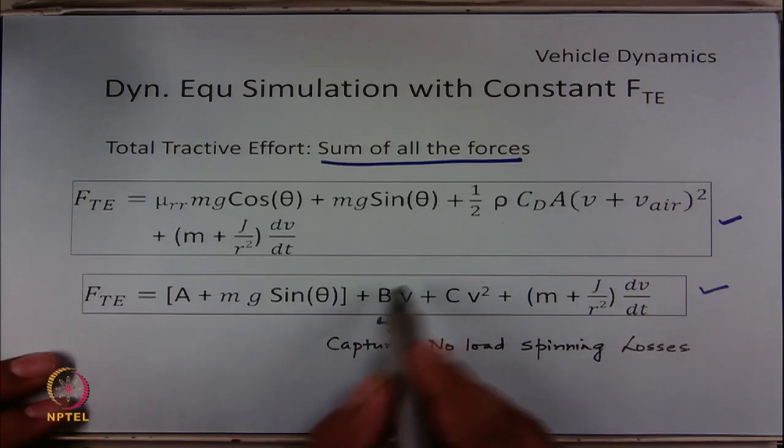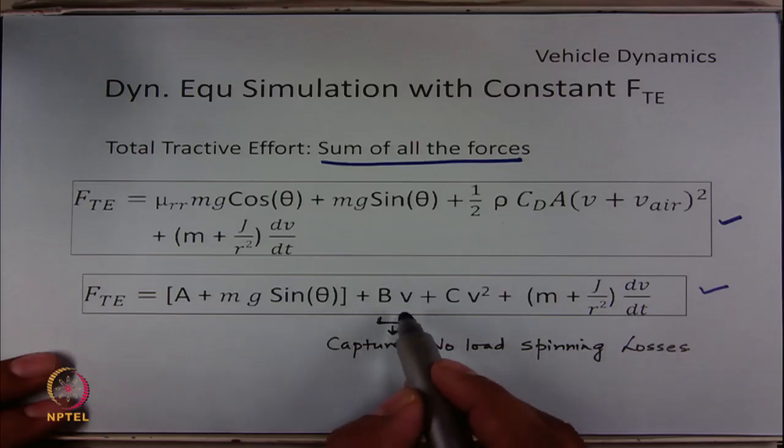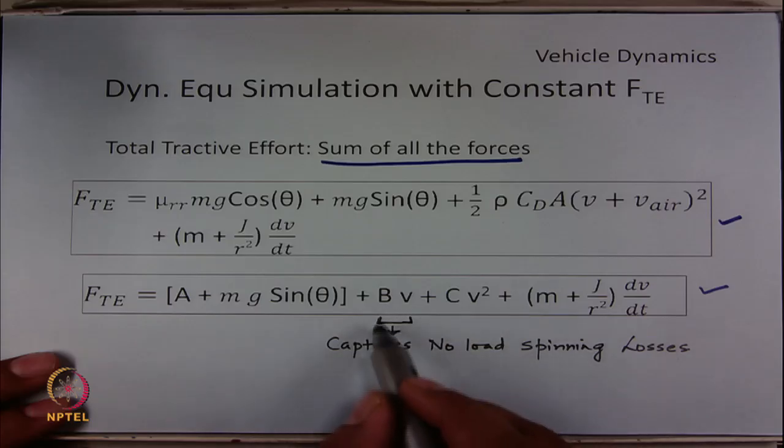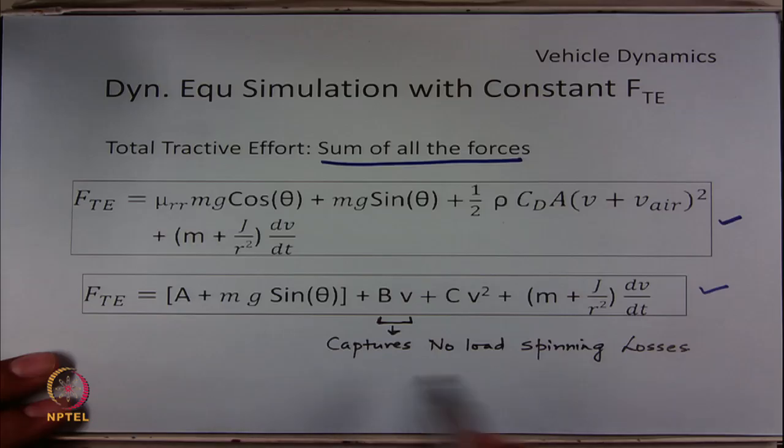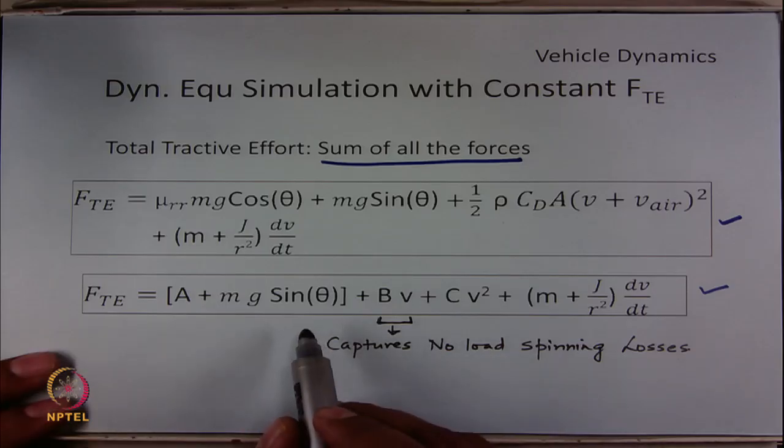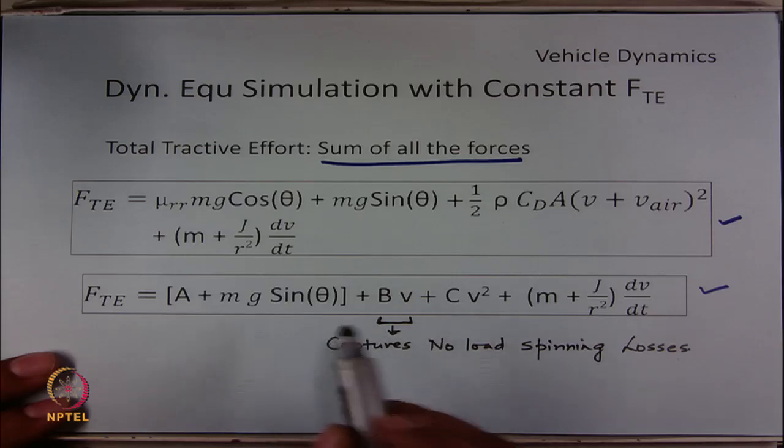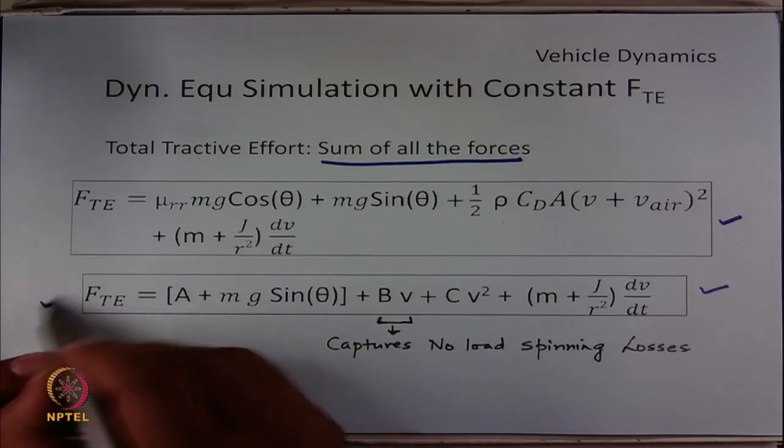So, it takes care of the forces with respect to velocity variation. So, this is an important term because it captures no load spinning losses such as windage losses etc. of all the transmission system. So, if we calculate the graphs of velocity, distance and power, energy etc. based on this equation, it will be more accurate.